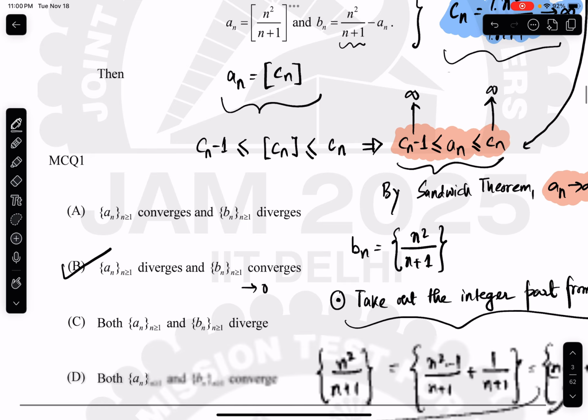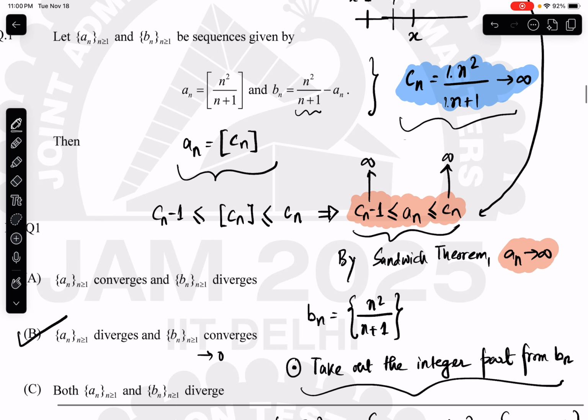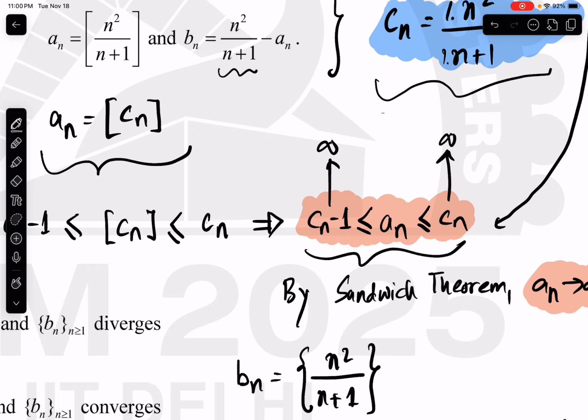Now let's use these inequalities here, because one great way to find the limits of functions or sequences is to use inequalities so that you can apply the sandwich theorem.